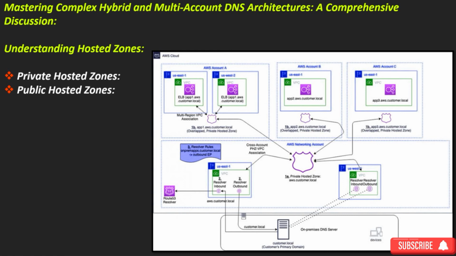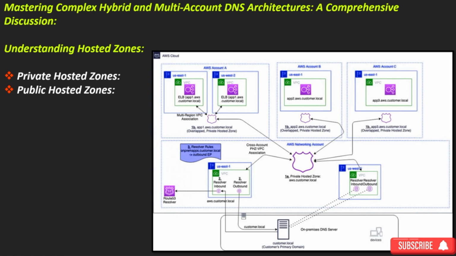So what are public hosted zones? On the other hand, public hosted zones are designed for external-facing resources. They enable you to map domain names to IP addresses that are accessible from the internet. So public hosted zones are ideal for websites, APIs, and other services that need to be globally accessible.